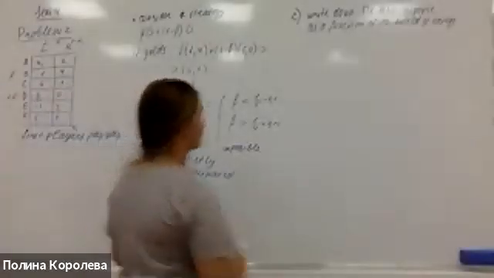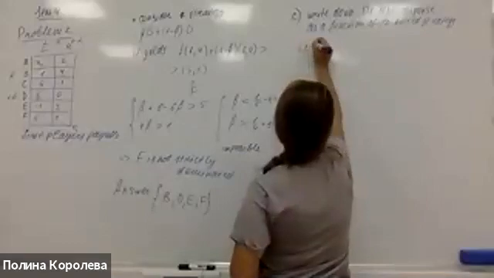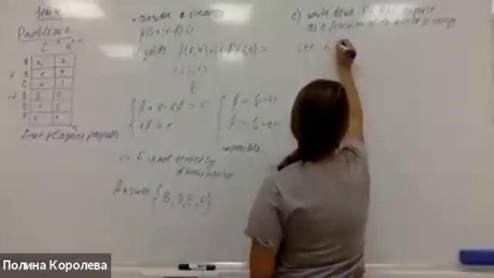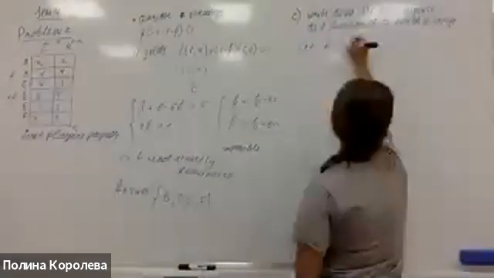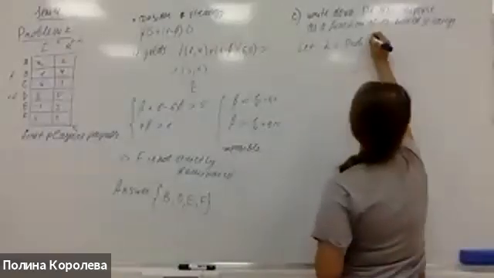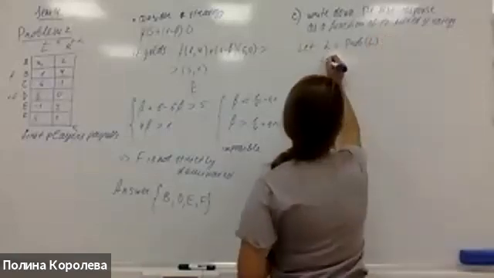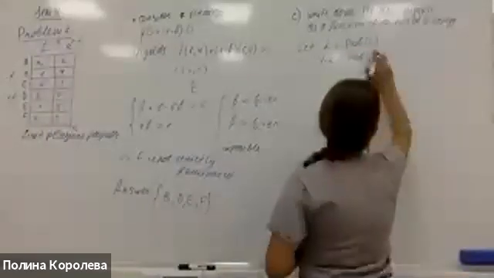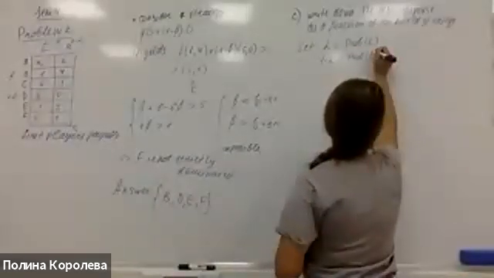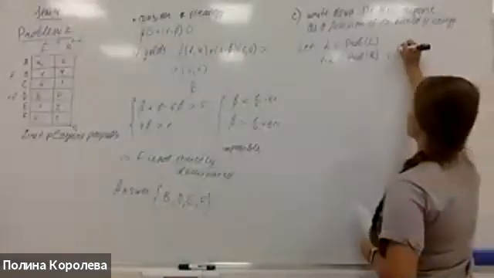Let alpha be exactly the probability of our second player to play L, and 1 minus alpha the probability to play right.